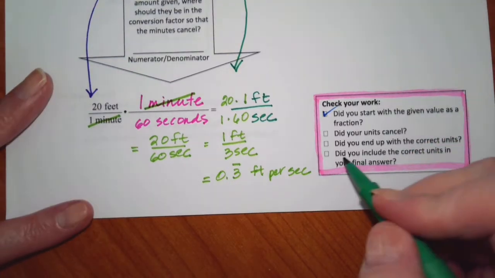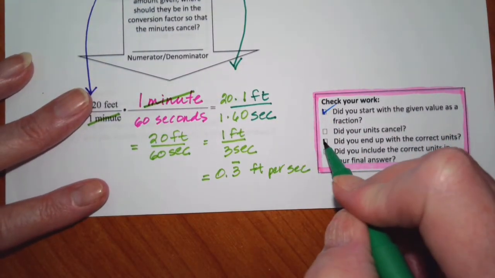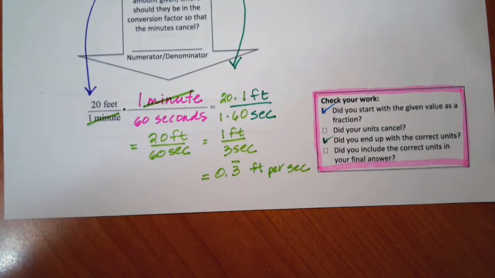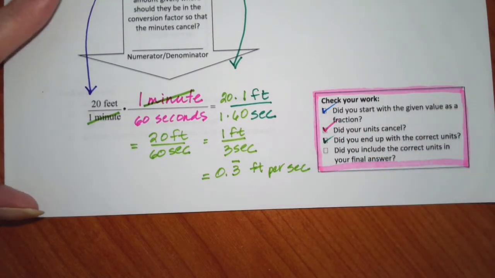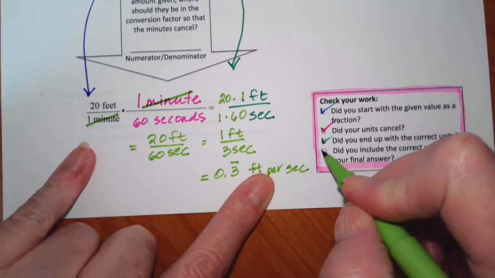I want feet per second. I always write down where I'm going first. All right, did the unnecessary units cancel? Yes, that's what I did here in the middle. And did you include the correct units in your final answer? Yes, I did.